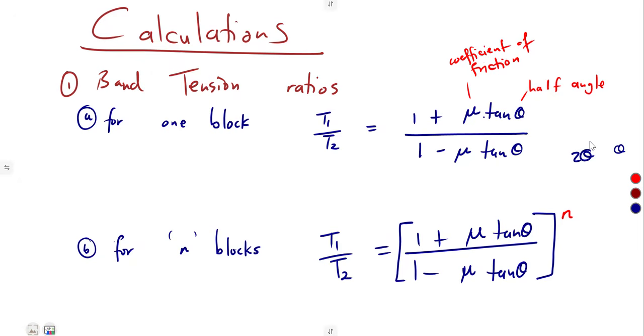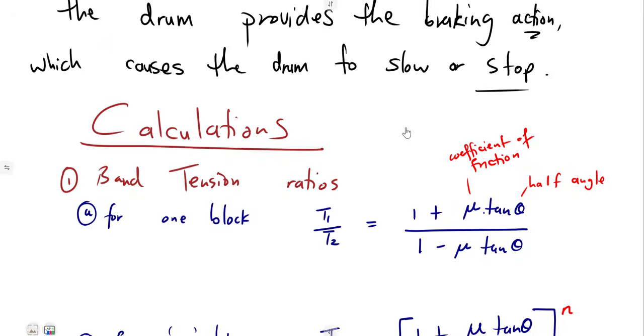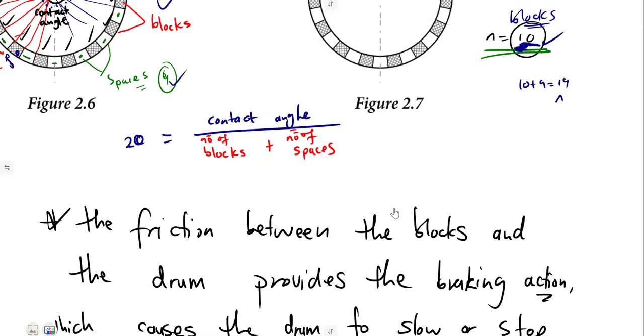When you're given 2 theta for the angle subtended by each block, then in this formula theta is the half angle. You must divide that 2 theta by 2.